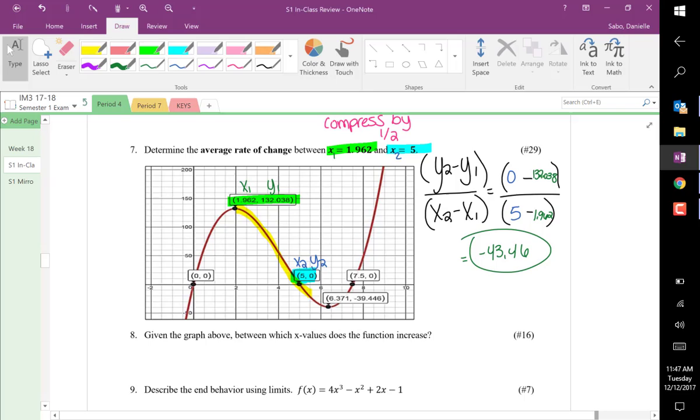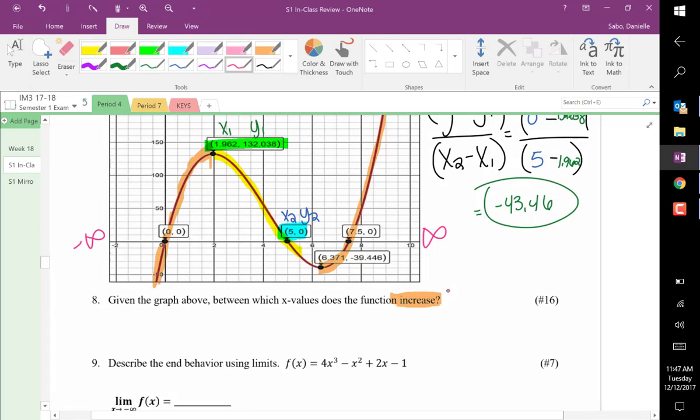So, given the graph, which values of the function are increasing? I'm going to take a different color highlighter, and I'm going to be increasing from this point on in orange. I'm increasing from this point all the way to here. This is when you want to put in your negative and positive infinity to help you out. Left to right.